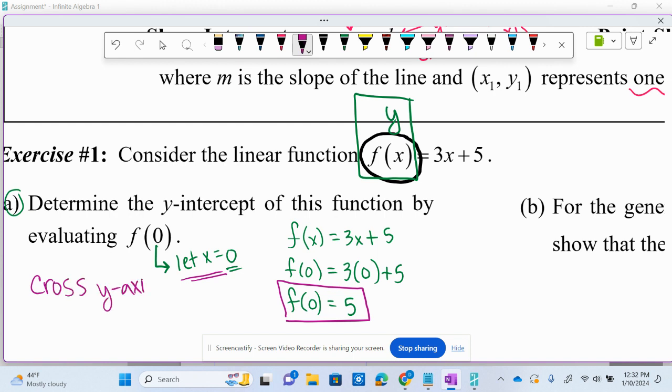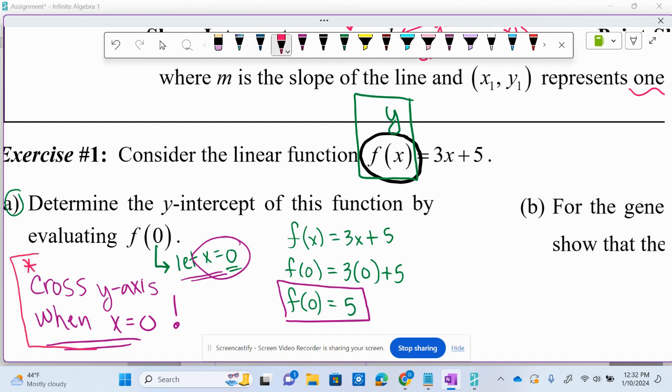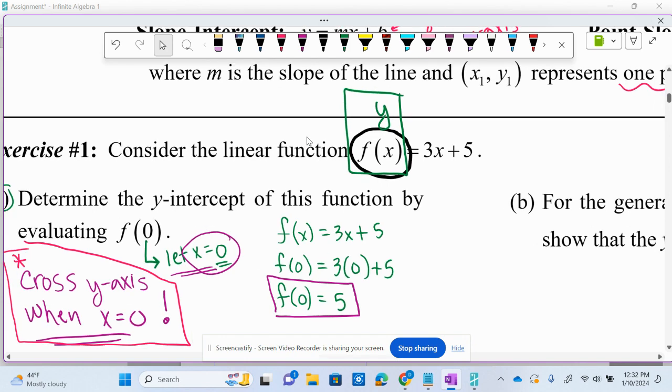You cross the y-axis when x equals what? 0, yeah. That's an important idea. I would say that's the whole idea of this little example: the y-intercept happens when x equals 0.